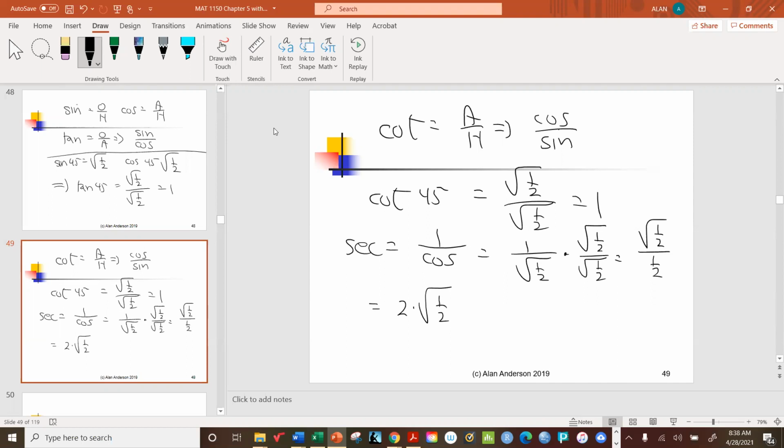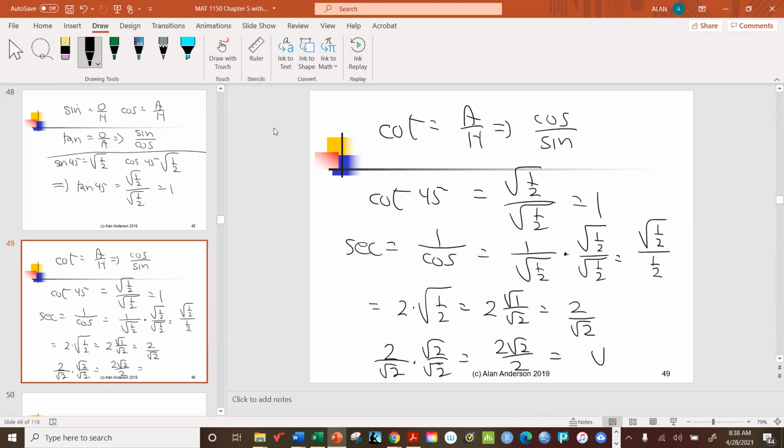And then we can clean this thing up. So you can see in this case, simplifying really helped a lot, didn't it? Yes, I think you'll agree that this expression is a lot nicer than this one.